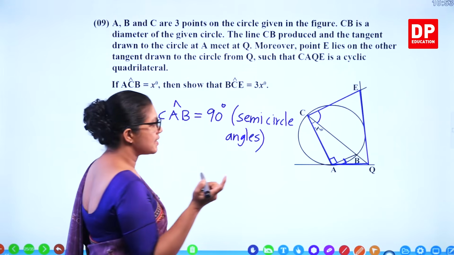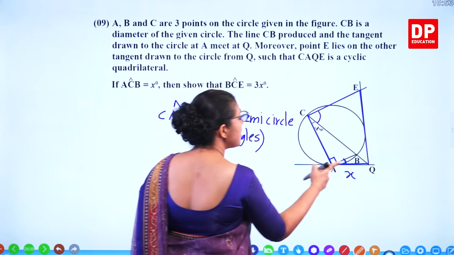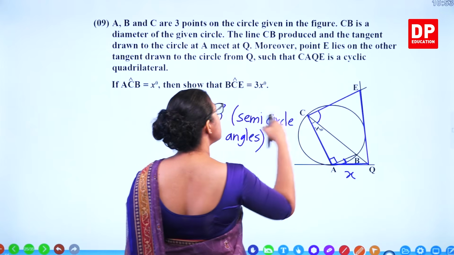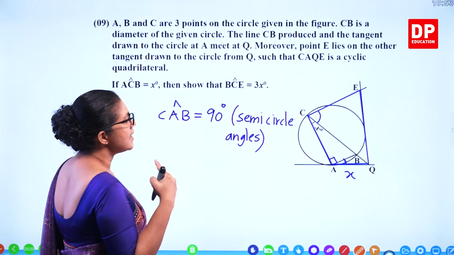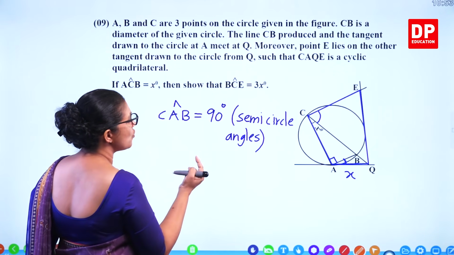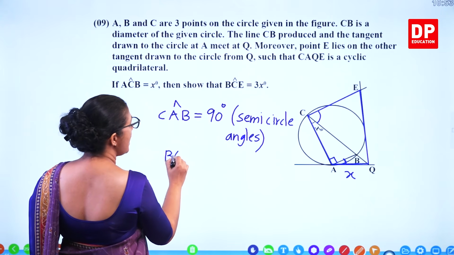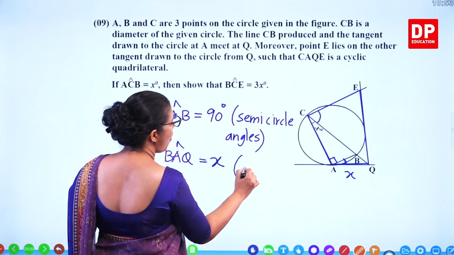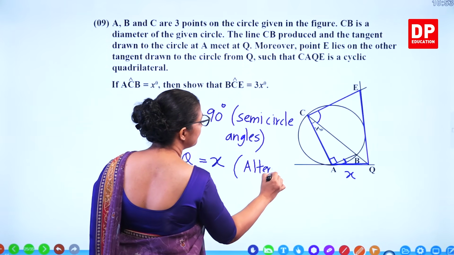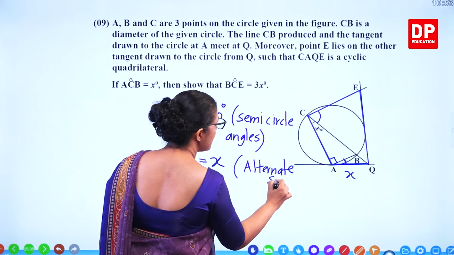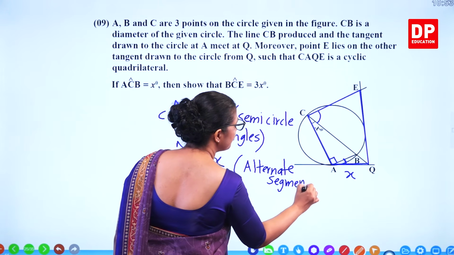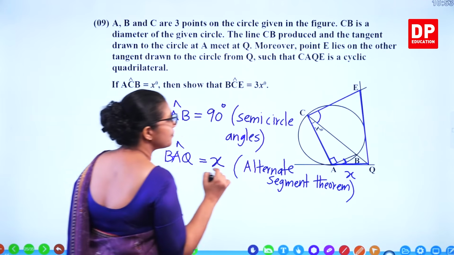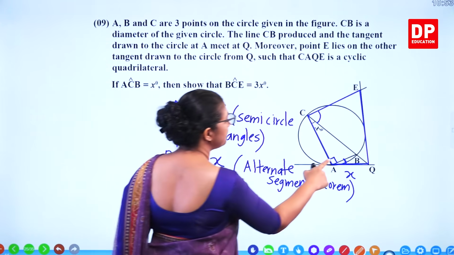That's also x. So what's the theory? The angle between the chord and the tangent is equal to the opposite segment angle, the alternate segment theorem. So you can write BAQ angle is x, by the alternate segment theorem.